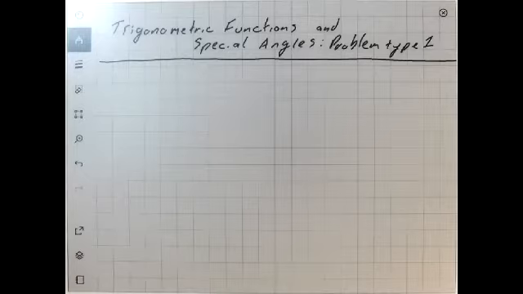The trigonometric functions, sine, cosine, tangent, cotangent, secant, and cosecant, are defined for any angle between 0 degrees and 90 degrees nicely, and for angles outside of that by a process of iteration.